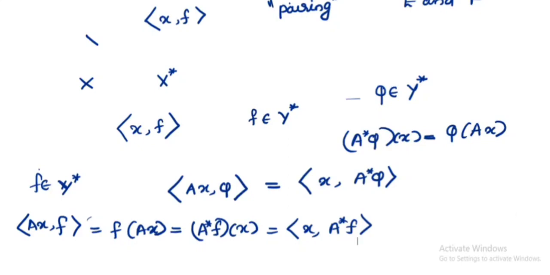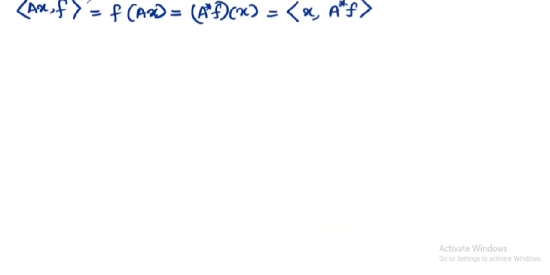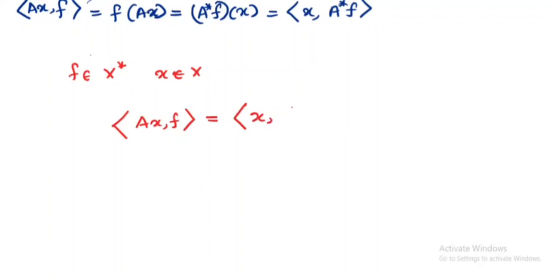So the result says that for any f belongs to Y star and x belongs to X, <Ax, f> is equal to <x, A star f>. I don't know what we call this notation.